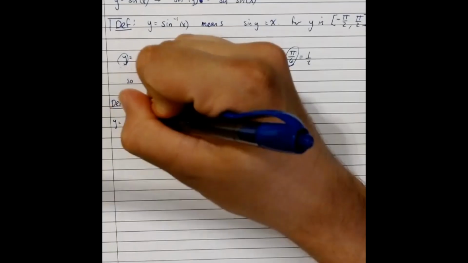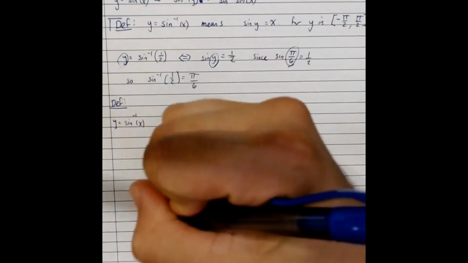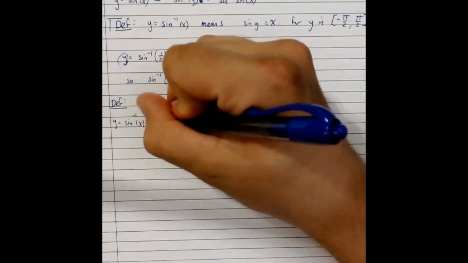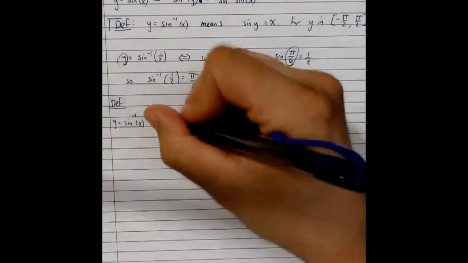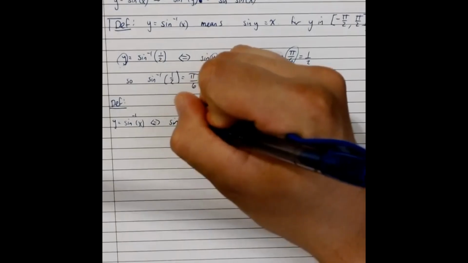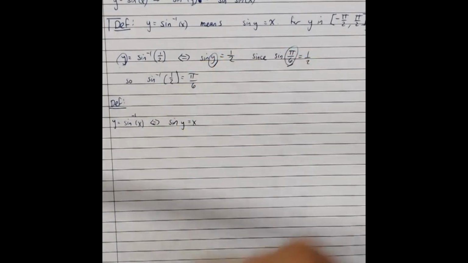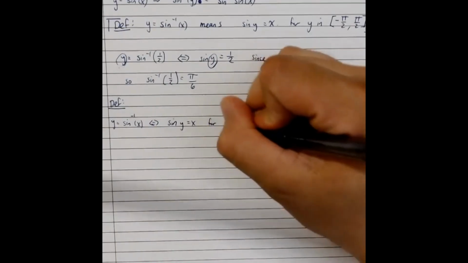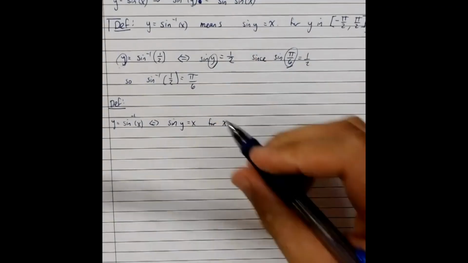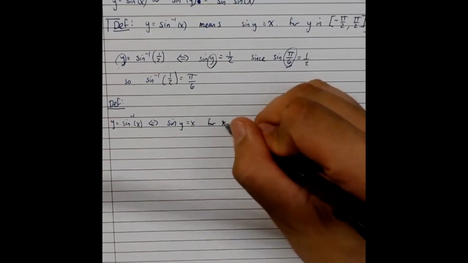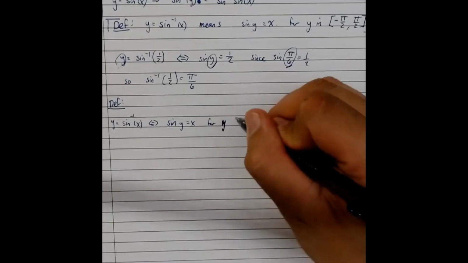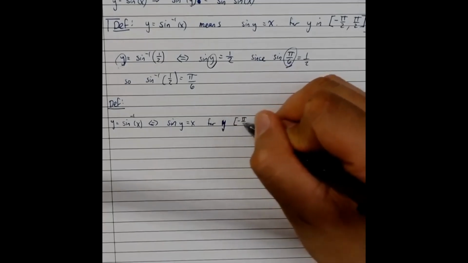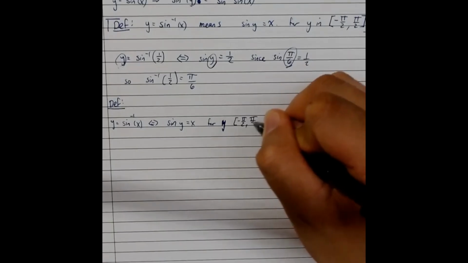The sine inverse of x, that's the same as saying that the sine of y is equal to x for y in the interval from minus pi over 2 to pi over 2.